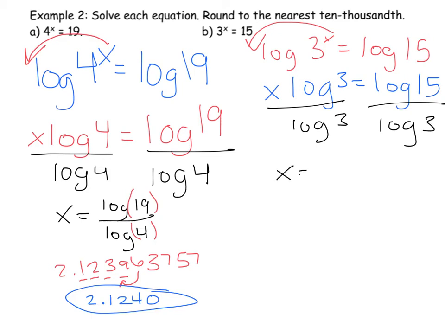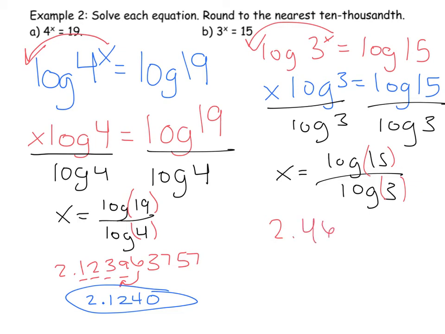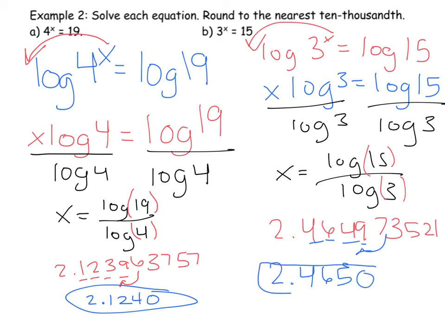So that x is equal to log 15 divided by log 3. And if we put that directly into our calculators, making sure we put those parentheses around the 15 and the 3, we're going to end up with 2.46497352 and then we're going to go ahead and round. Again, the 7 tells the 9 to go up, so we end up with 2.4650 as our final answer.